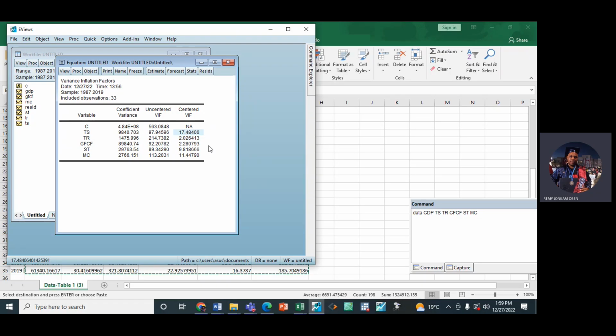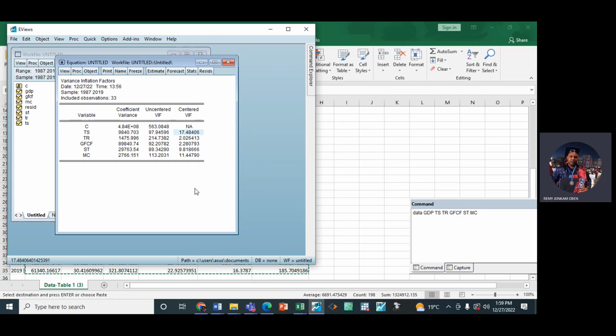With the correlation matrix, we are concerned only with the regressors, the independent variables. It has nothing to do with the dependent variable. We don't want the correlation coefficient for any of the regressors to be quite powerful. It should not be higher than 80%. With variance inflation factor, we don't want any of the centered variance inflation factors to be more than 10. 10 is the benchmark.